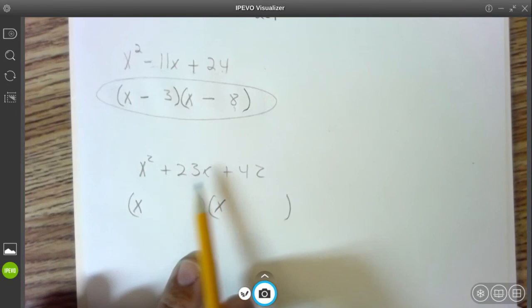Okay, so they multiply to 42, so it's going to be in this row, and they needed to add up to 23. All right, so that's going to be 21 and 2. So 2 and 21, the order does not matter. Okay, the plus sign tells me that these are going to be the exact same signs, and this plus sign tells me that they are both pluses. That's it.